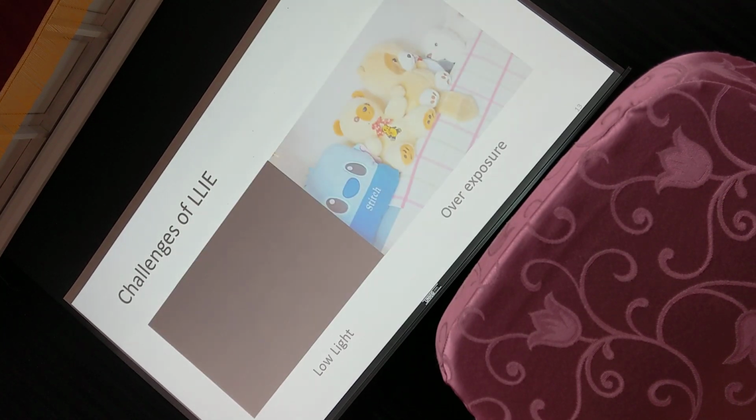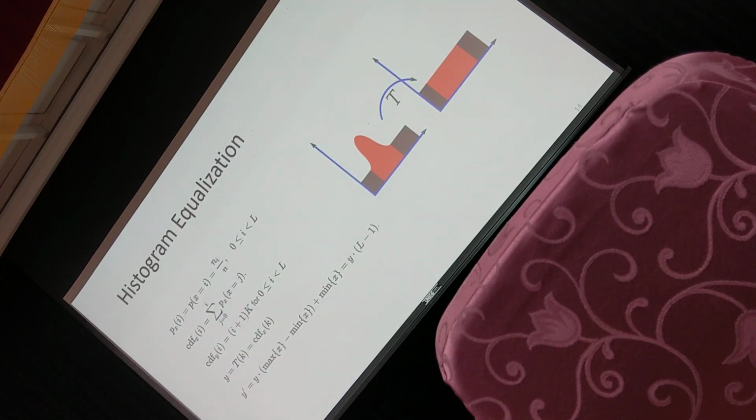Another approach is to apply an exposure level to enhance the brightness of the image, but you can see it's not so realistic; it looks too bright. There are many approaches proposed to address this problem.